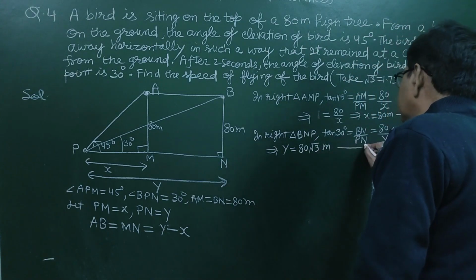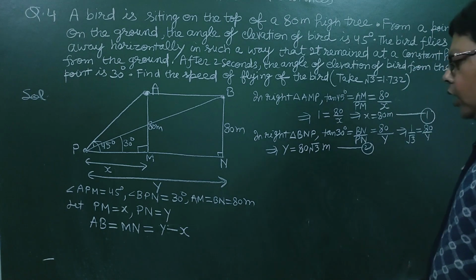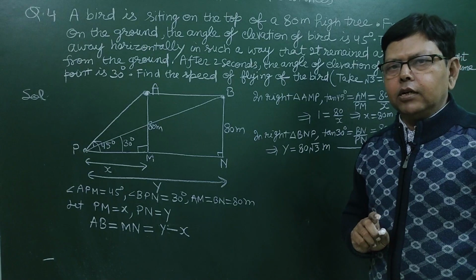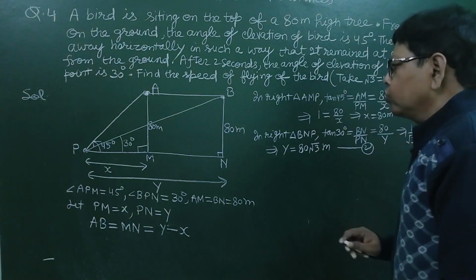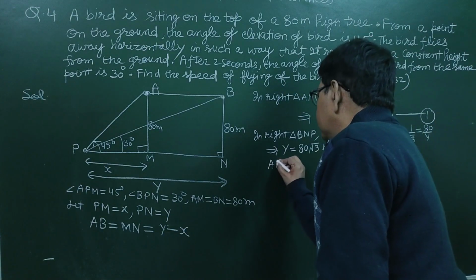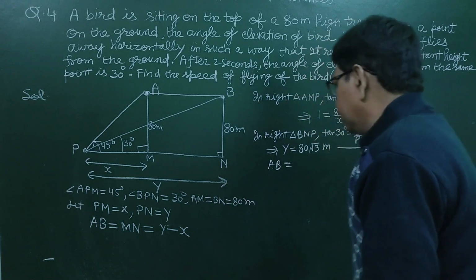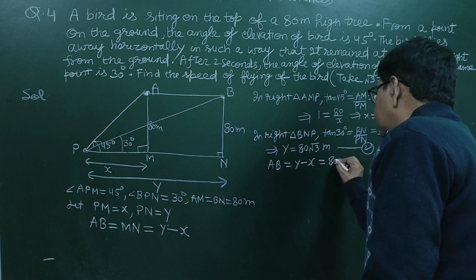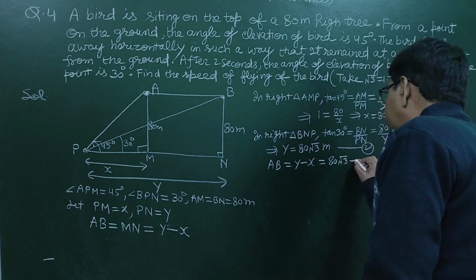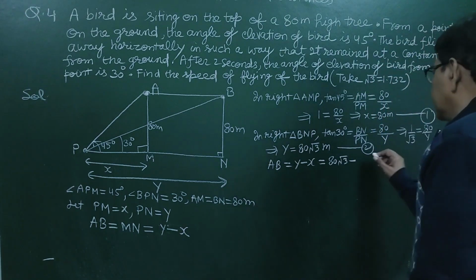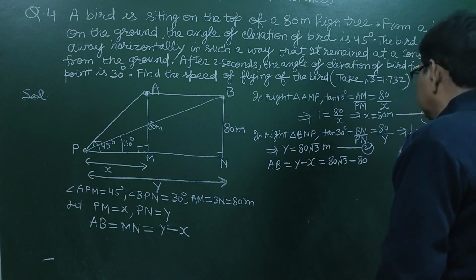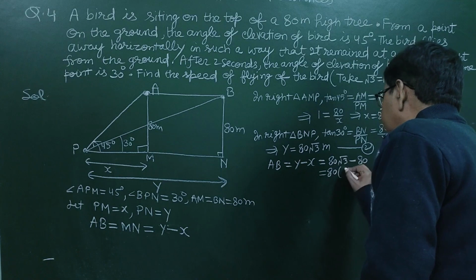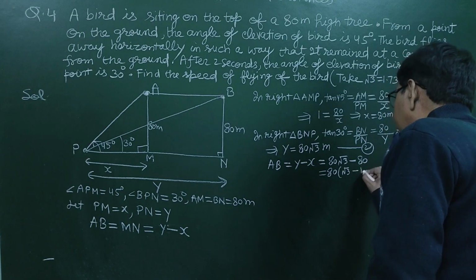Now we need to calculate this distance AB traveled by the bird. So AB is equal to y minus x, is equal to 80 root 3 minus 80. Taking 80 as common, 80 into root 3 minus 1.